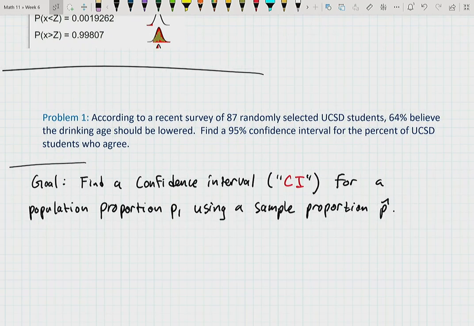In our example, the sample proportion was 64%, and the population proportion is what we're trying to determine.